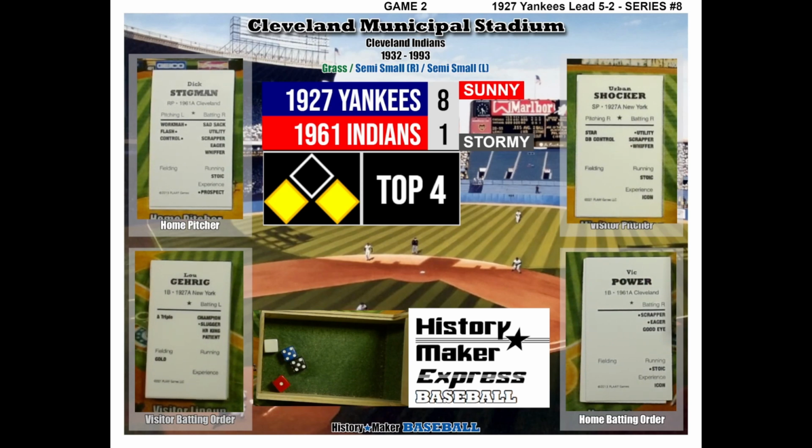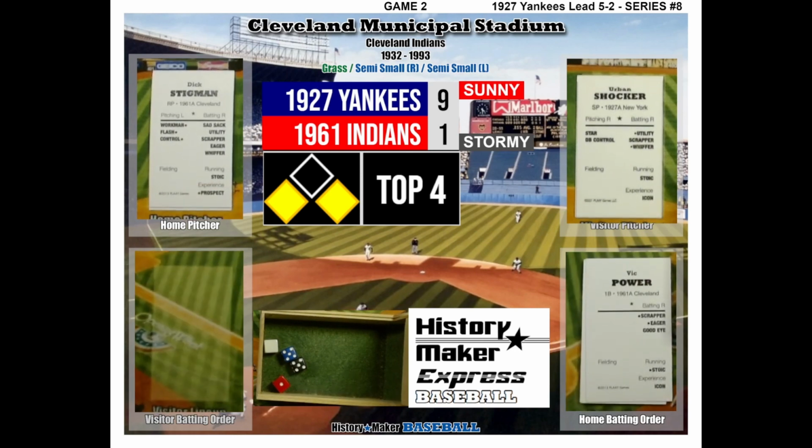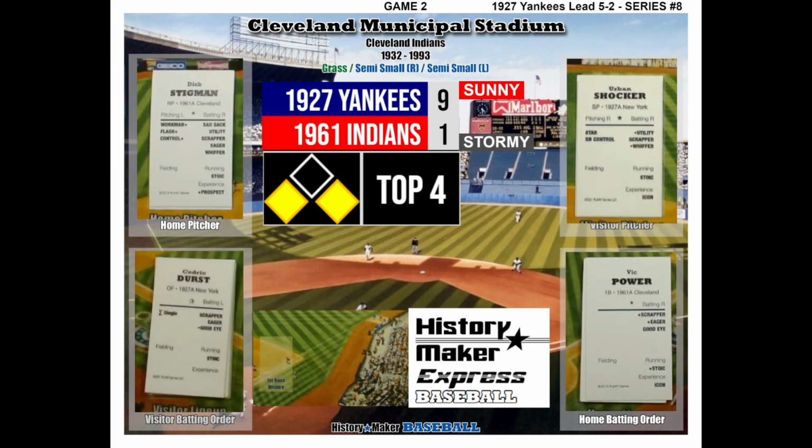That's going to be an RBI single. And the 1927 Yankees lead has gotten bigger. It is 9-1 in favor of the 1927 Yankees, as it will be a single and runners advance 2 bases. An RBI single for Lou Gehrig. Oh my goodness.